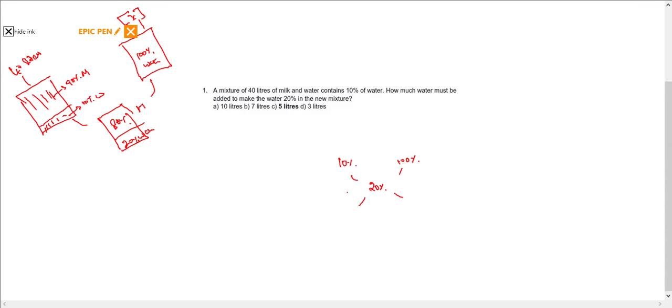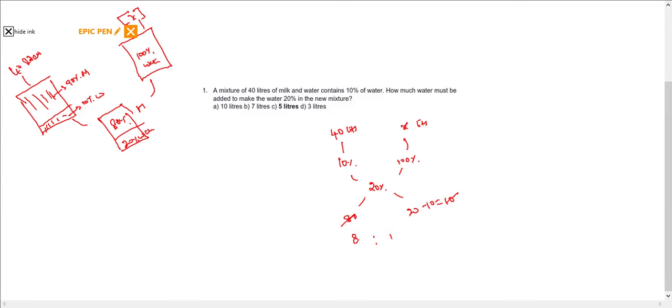So this is our alligation table, and we also know that we are mixing 40 liters of 10% water with x liters of water. This is 20 minus 10, which is equal to 10, and this is 100 minus 20, which is equal to 80. So this is nothing but 8:1.